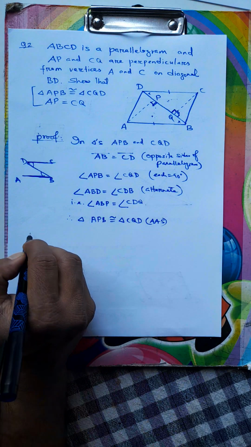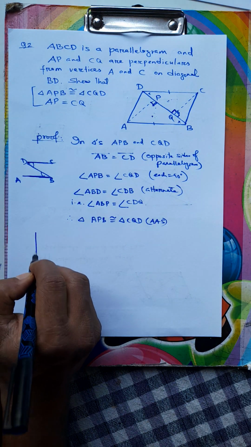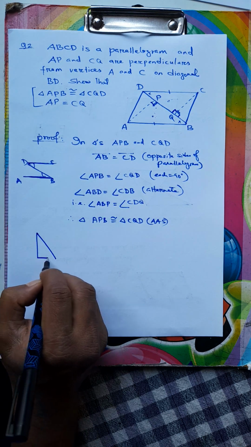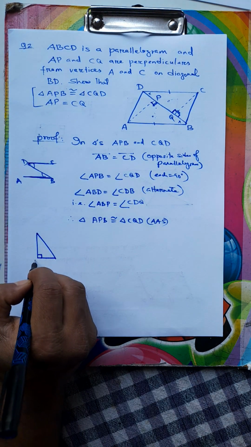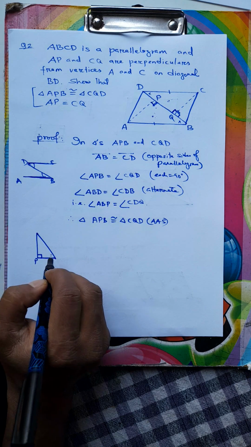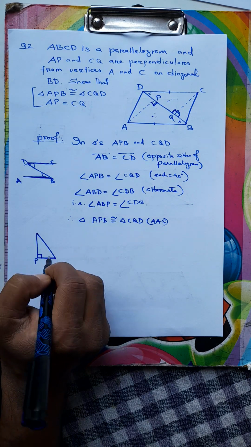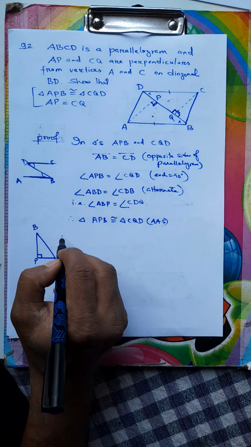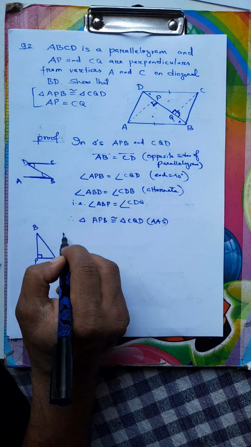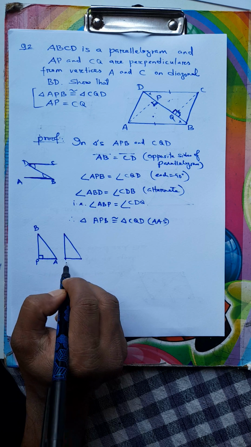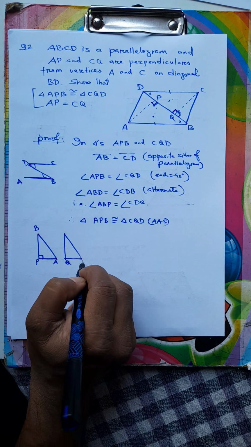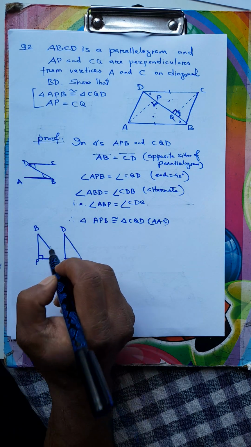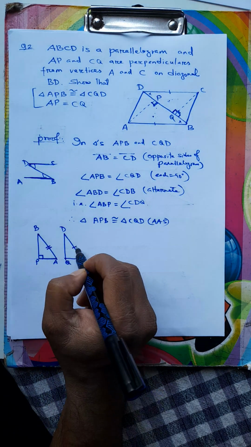We can check the corresponding parts here. So this is P, this is A, this is B. This is Q, C, D. So you find that AB equals CD, right?